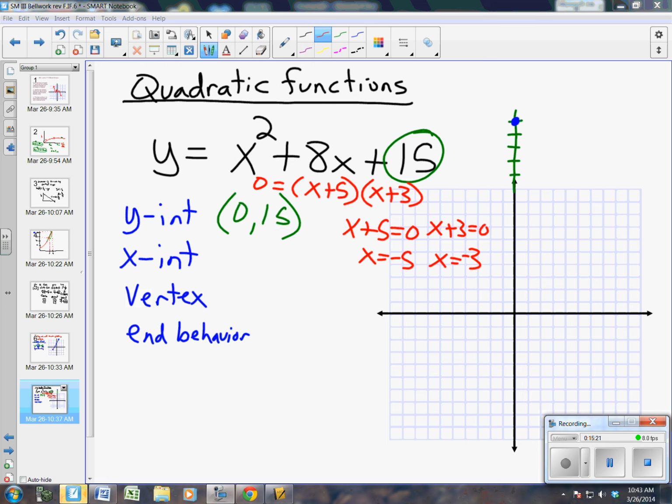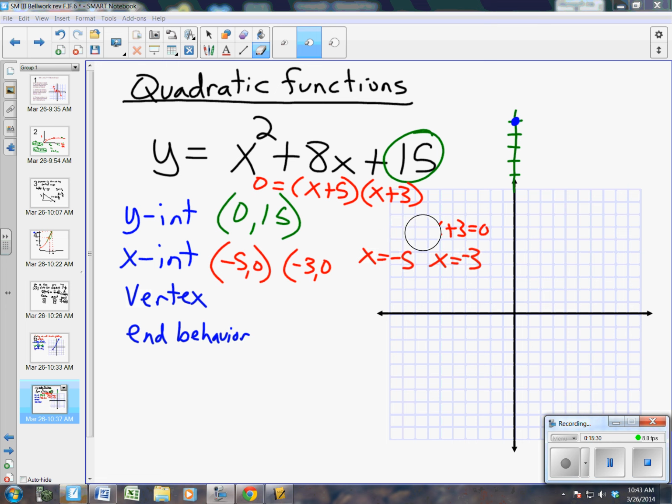So there's our two x-intercepts, -5 comma 0 and -3 comma 0.